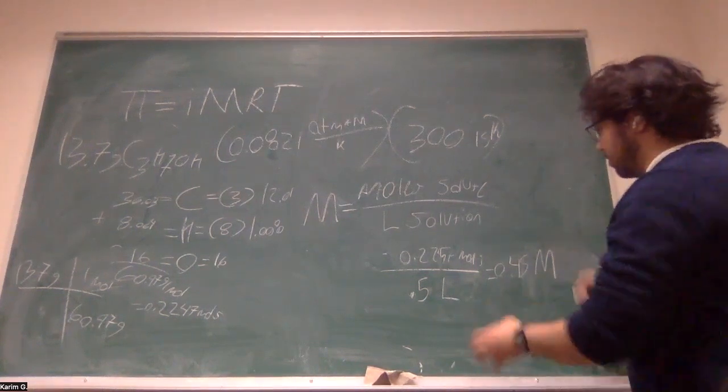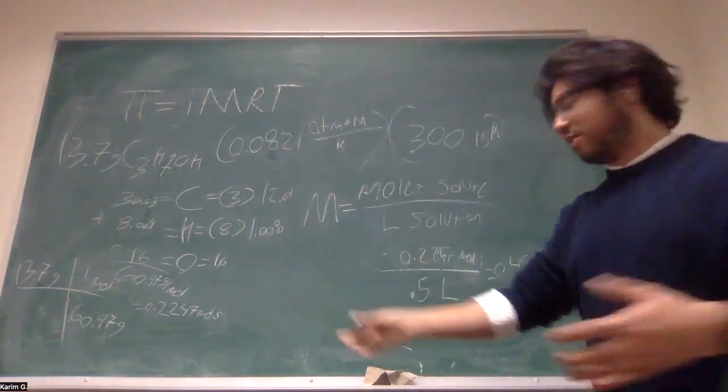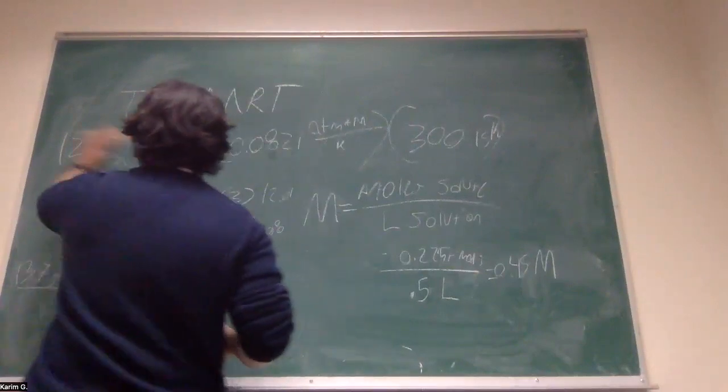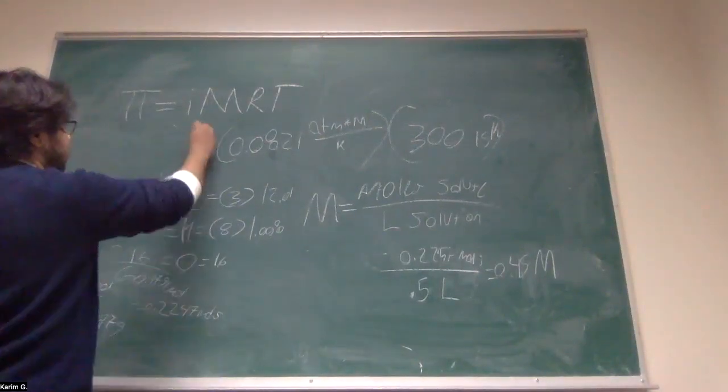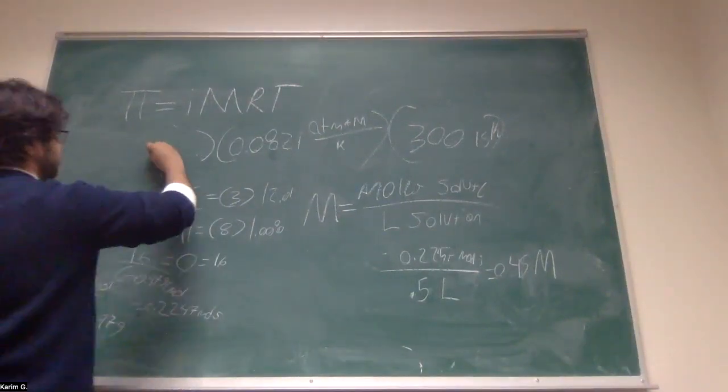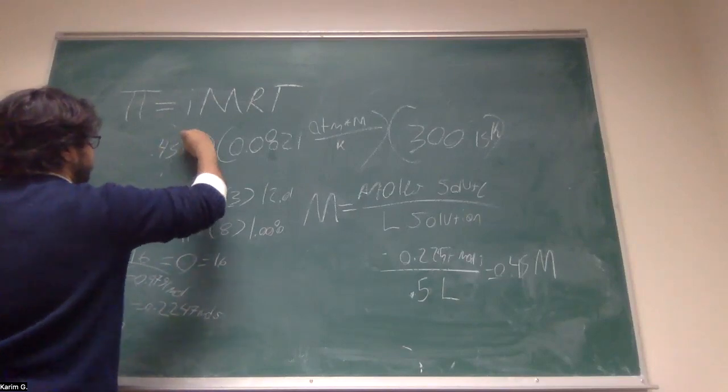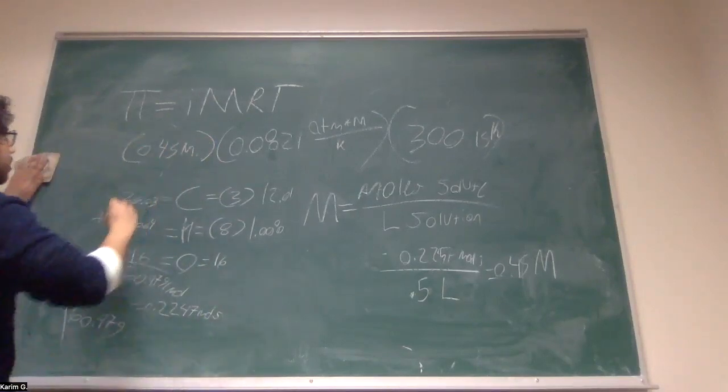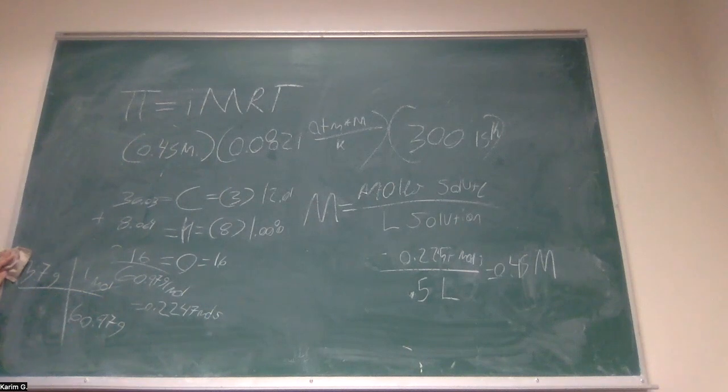This is molar. Okay, so we have our molar, 0.45 molar. Now, what's our van 't Hoff factor? 1, right? Because it's all covalent bond. You won't have any splitting. It's not ionic.